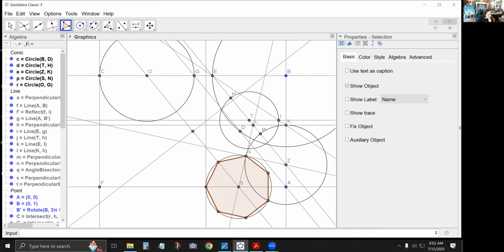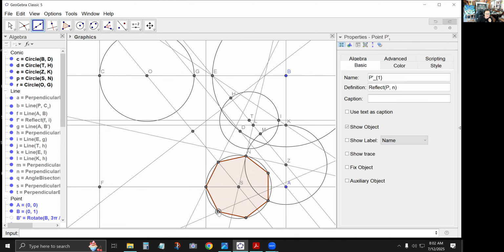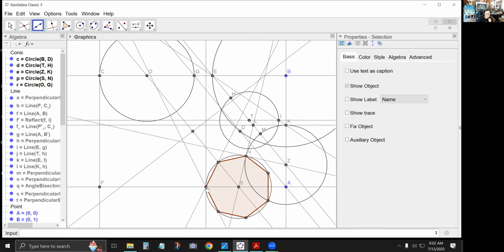All right, so then I'm going to put in a couple of lines. So I'm going to put in this line and this line. I'm using the sides of the heptagon to put in those 2 lines.